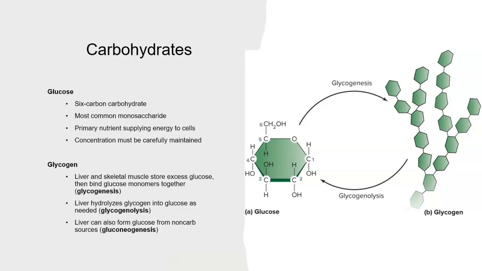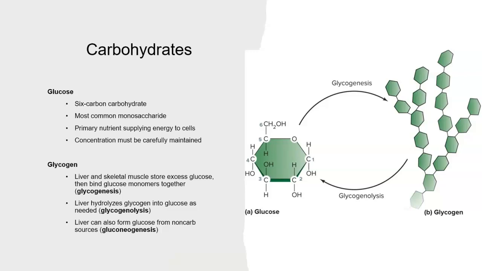Now, when our blood sugar levels drop, let's say you didn't get to eat breakfast this morning, you had to get up and go to school or go to work. By lunchtime, your blood sugar levels have dropped. So what's going to happen? Your liver is going to break down all that glycogen in a process called glycogenolysis. Remember, lysis means to break or split.